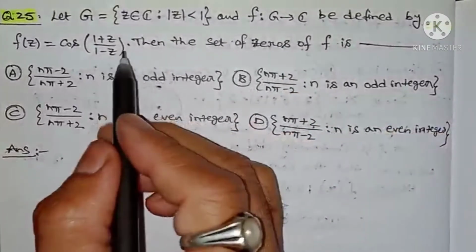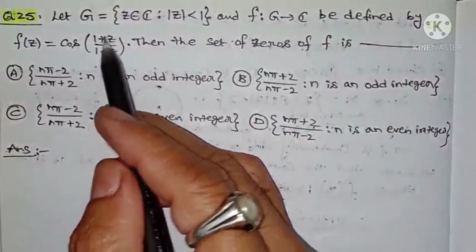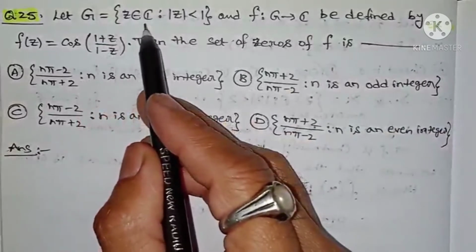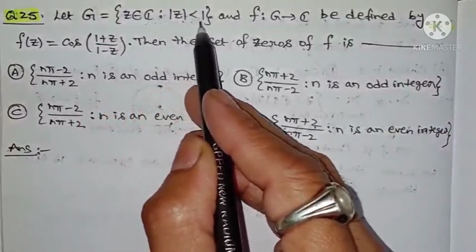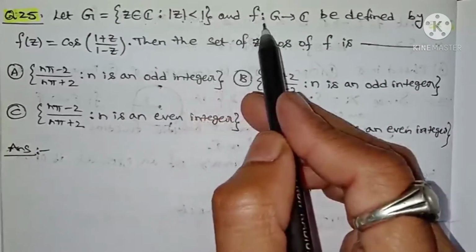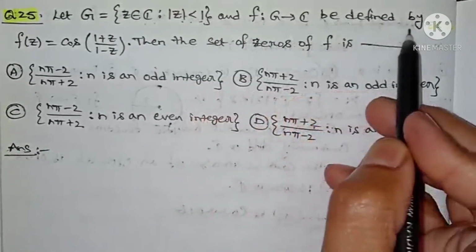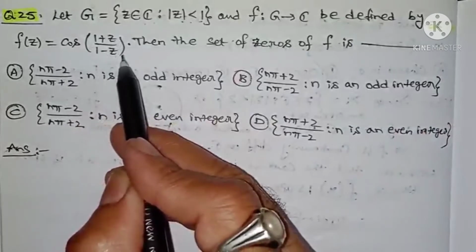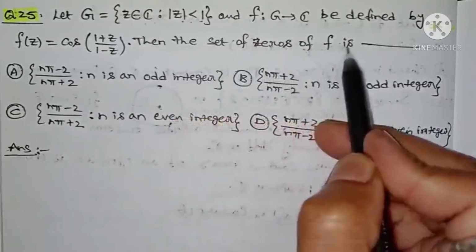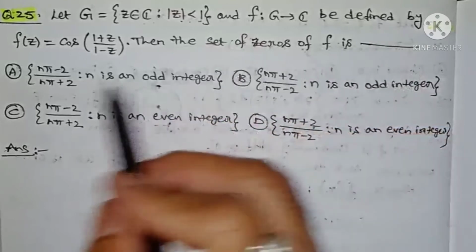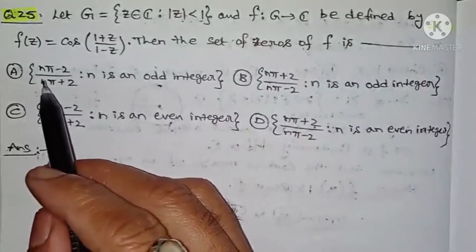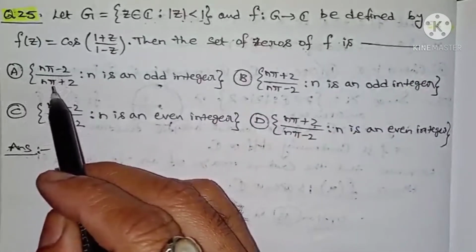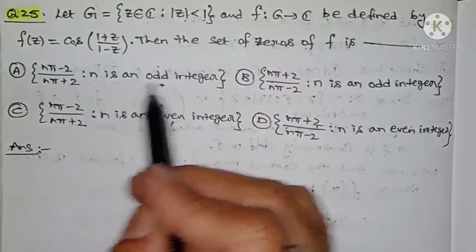Next we have question number 25, and the question is: let capital G be equal to the set of all z belongs to C such that modulus of z is less than 1, and f is a mapping from G to C defined by f of z is equal to cos of (1 plus z by 1 minus z). Then the set of zeros of f is dash, and the four options are: option number A, the set of all (n pi minus 2) by (n pi plus 2) such that n is an odd integer.